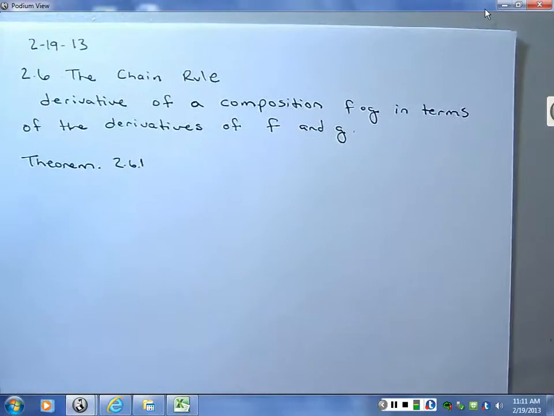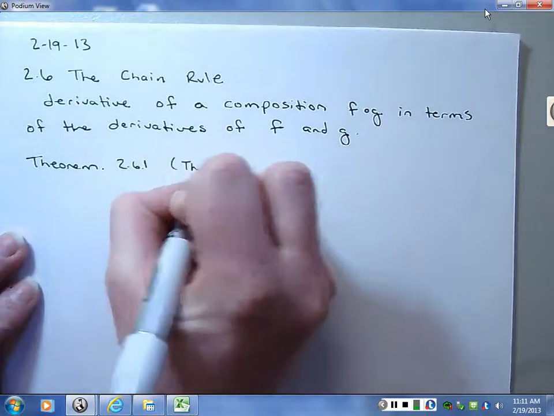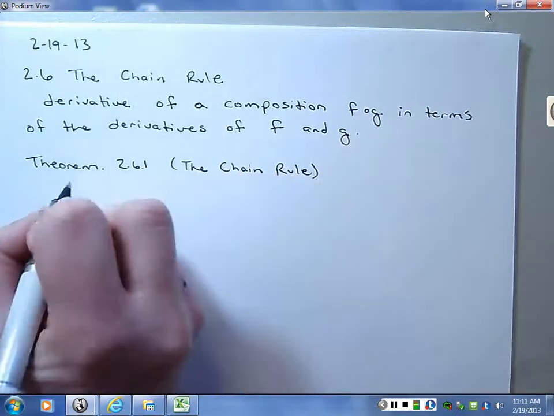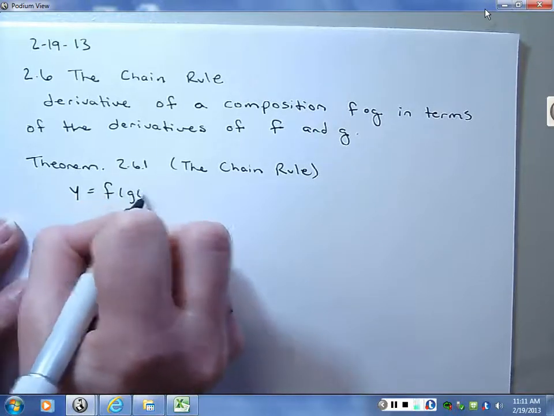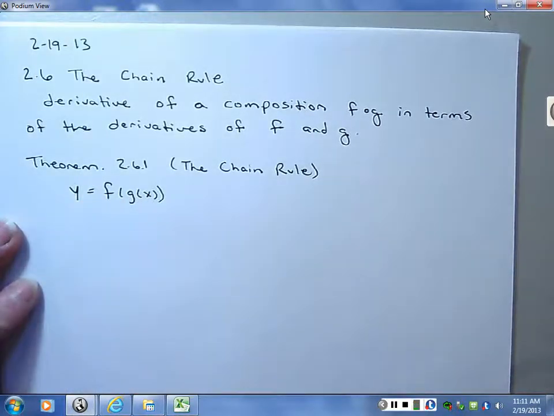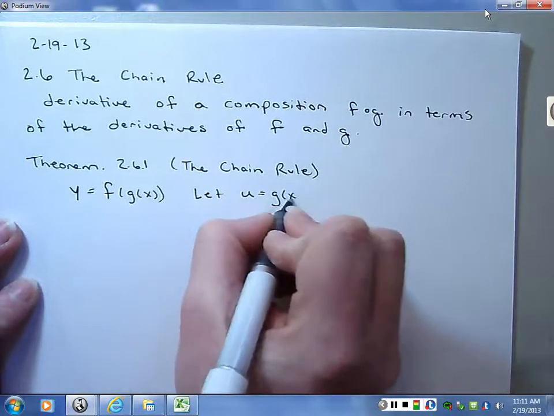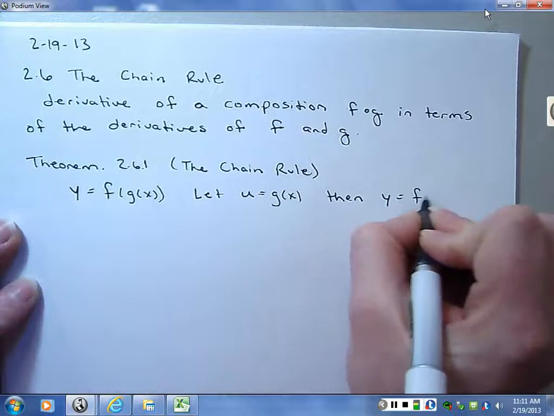So the first theorem in this section is the chain rule. It turns out if I have a function y equals f of g of x, I can let u equal g of x, so then I have y equals f of u.